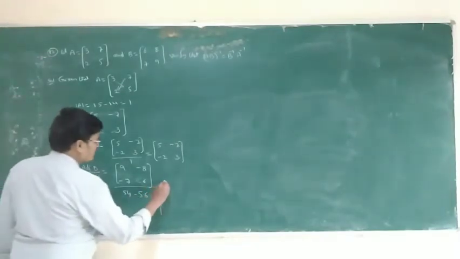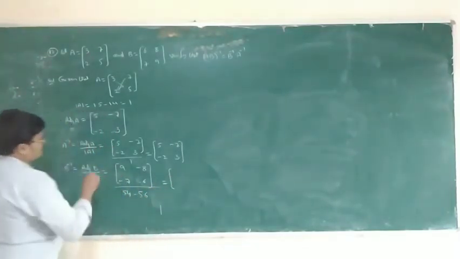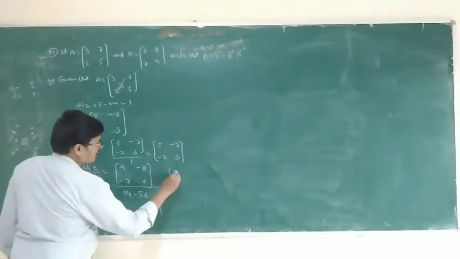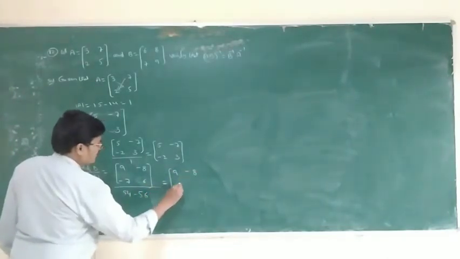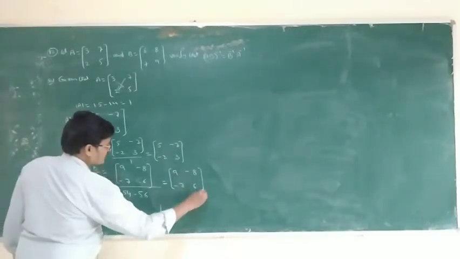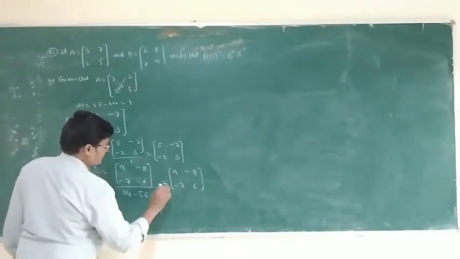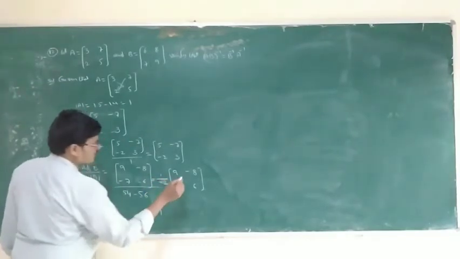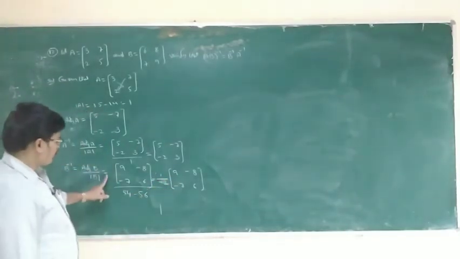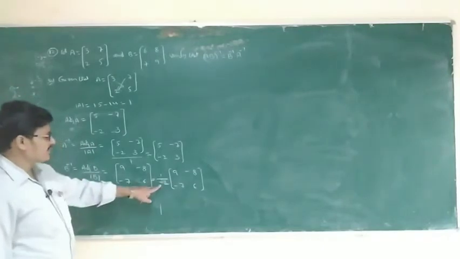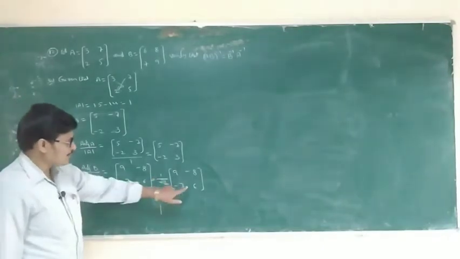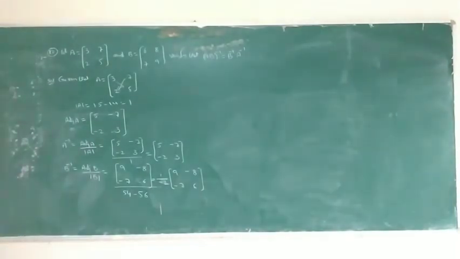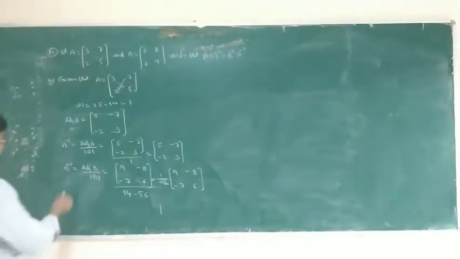So det B is 54 minus 56, which is minus 2. We have to calculate directly: adjoint B by det B. So B inverse is 1 by minus 2 into 9, minus 8, minus 7, 6. So this is adjoint B, B inverse.